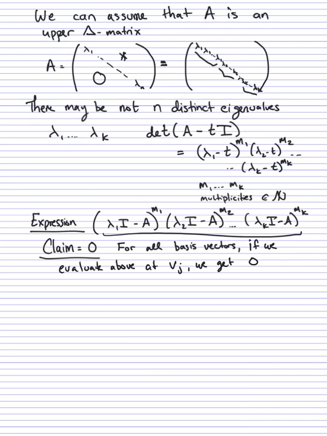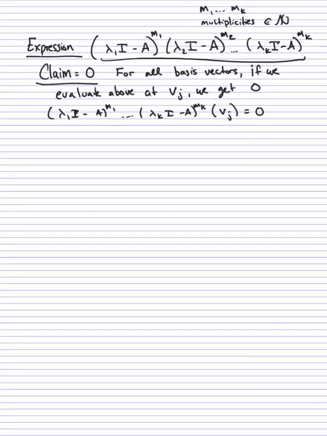Okay, so in other words, we take this power, it looks like lambda 1 times the identity matrix to the m1 up to here. Think of it as a linear transformation, plug in a basis vector, and this should be the 0 vector. If you've done that, that means that this is actually the 0 matrix.